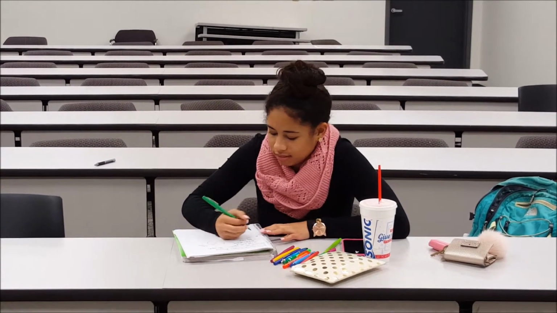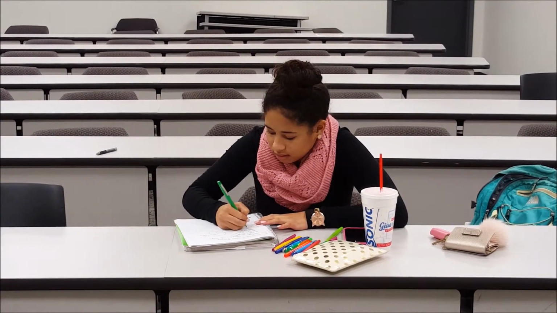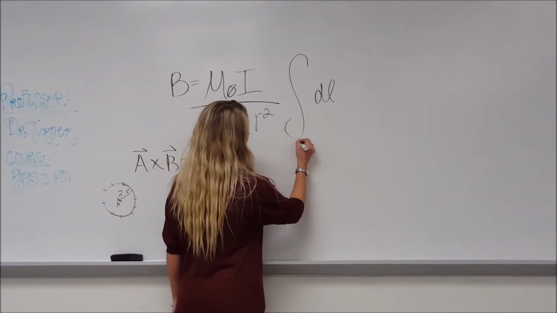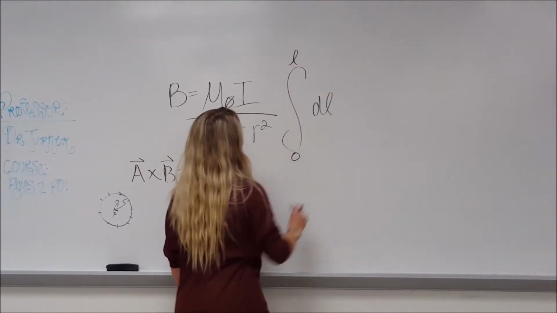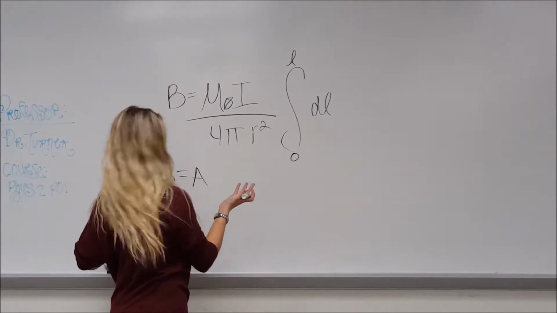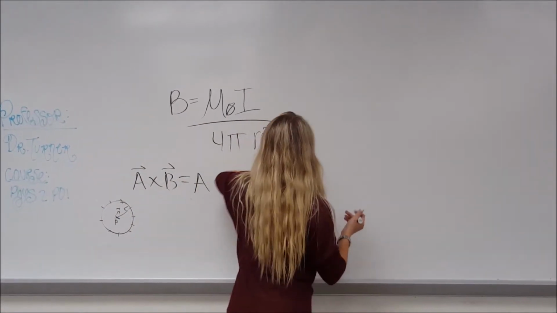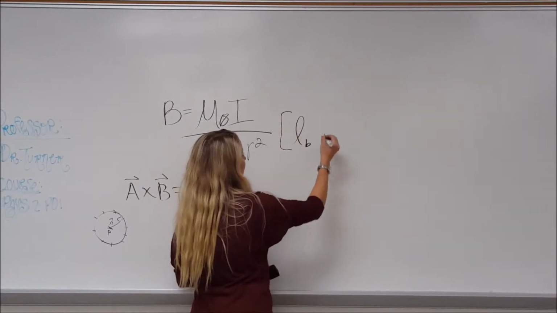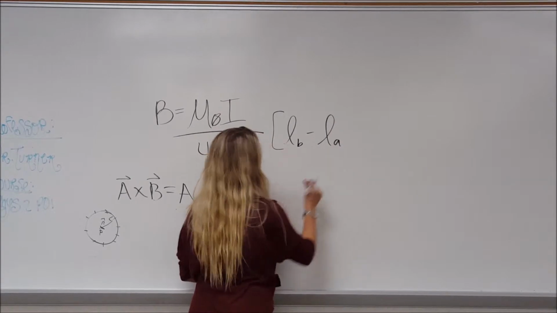But if it's a circle, isn't the length of the circle always the same? Yes, depending on what it is. If you have a circle, your length is going to be the circumference of that circle. And we know that our circumference is equal to 2 pi r. So when we integrate this, our boundaries are from 0 to L. And when we integrate, it's just L. So we are going to have this all multiplied times your LB value, which was up there, minus your LA value.